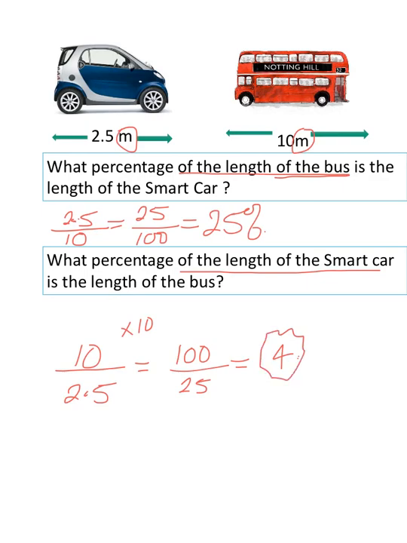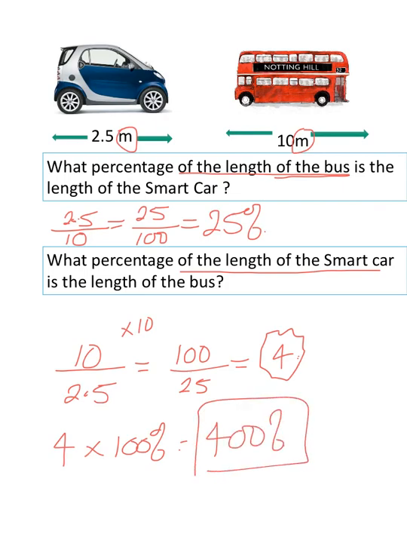So to change that into a percent, I then need to take the 4 and multiply it by 100%, which will give me 400%. That's our final answer. So that means that the bus is 4 times bigger than the smart car.